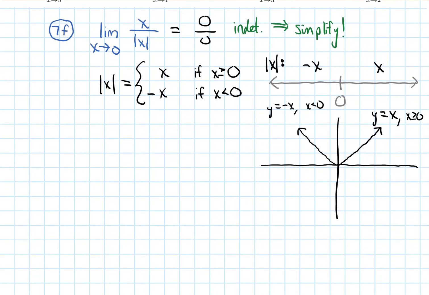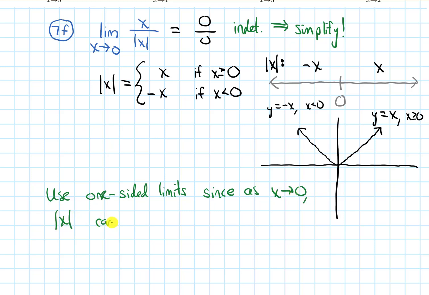Alrighty, let's use one-sided limits now. The reason why is since x is getting close to 0 here, our absolute value is sometimes going to be x, and sometimes it's going to be negative x, depending on which side I'm approaching 0 from.